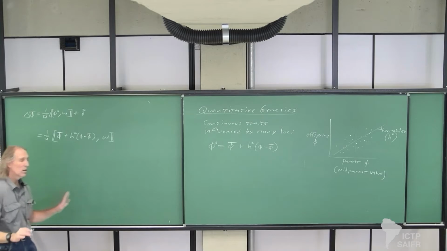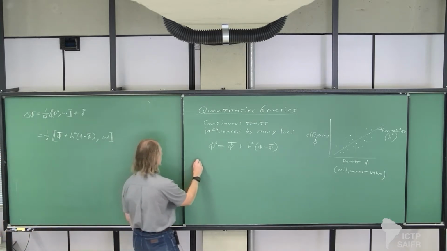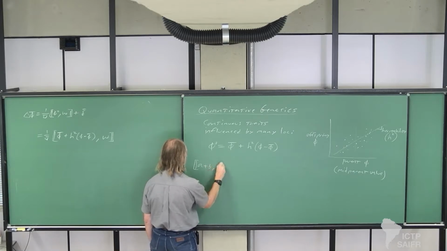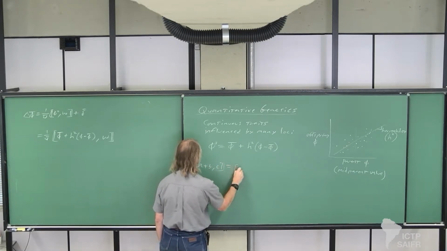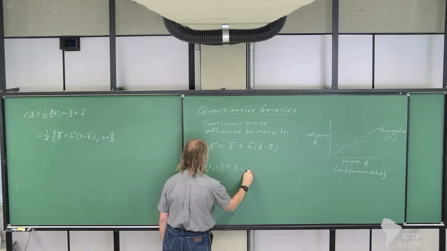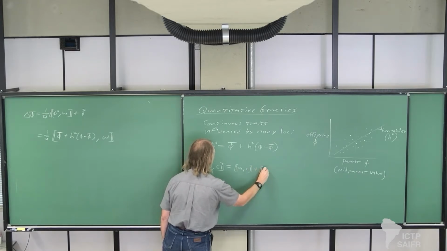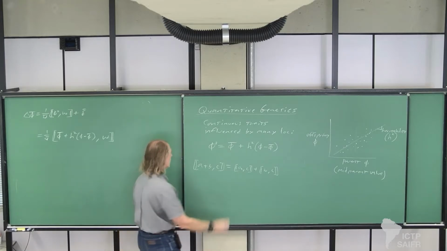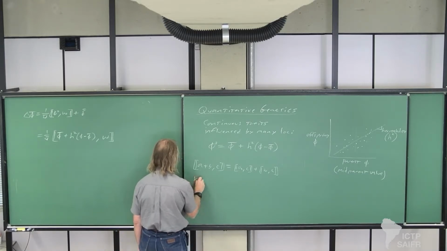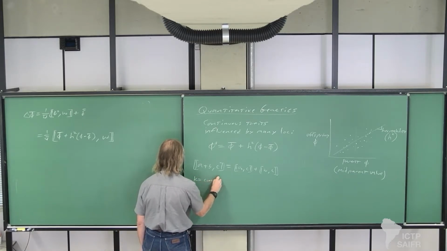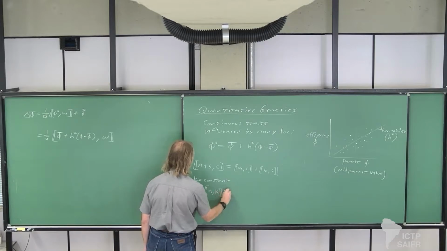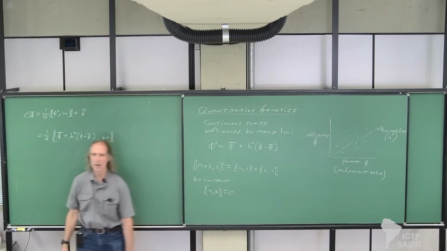First of all, if you're not familiar with this about covariances, the covariance of A plus B with C is equal to the covariance of A with C plus the covariance of B with C, so it's linear in that sense. Also, if K is a constant, the covariance of A with K, whatever A is, is 0. So the covariance of anything with a constant is 0.